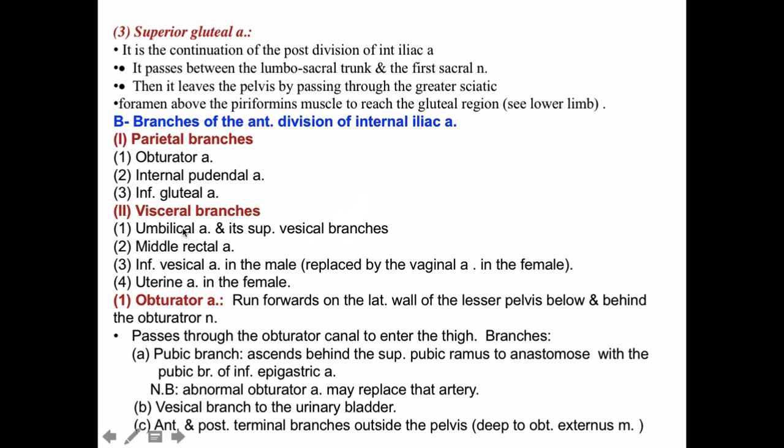Not all the umbilical artery obliterates; obliteration occurs after it gives the superior vesical branch.